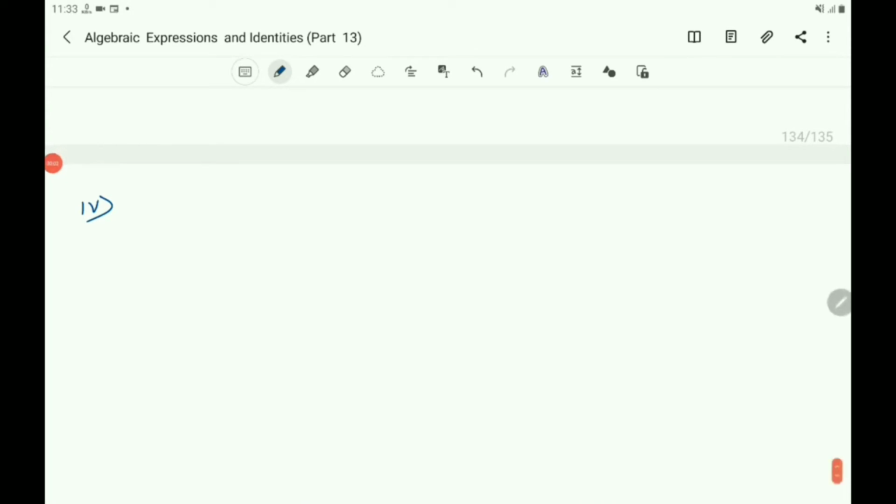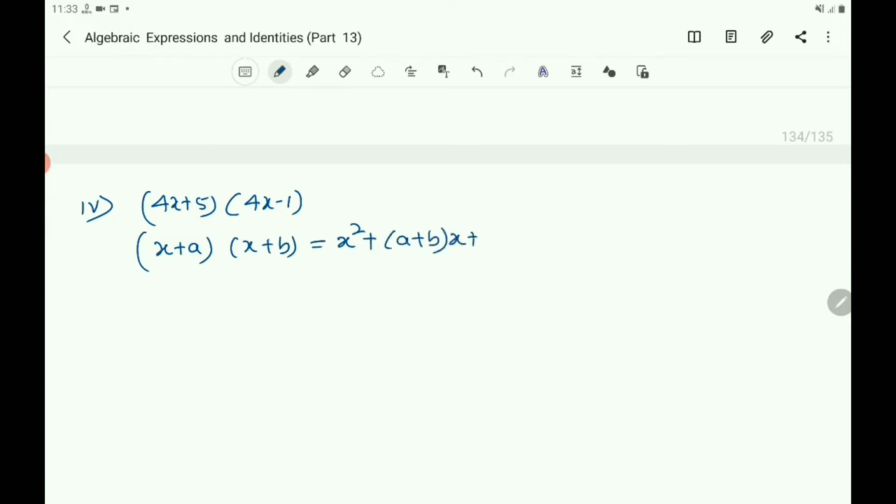The fourth one, you take (4x + 5)(4x − 1). Write the identity (x + a)(x + b) = x² + (a + b)x + ab. Here you can write (4x − 1) as 4x plus (−1), so you got it in the form of (x + a)(x + b).